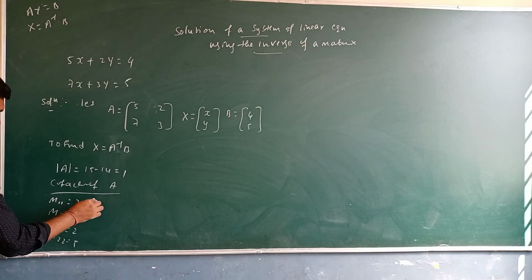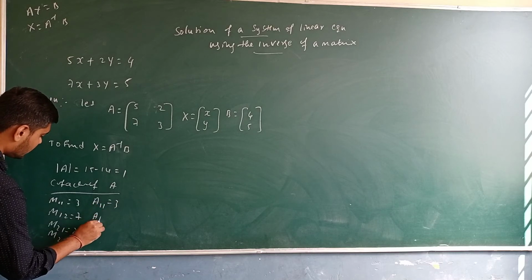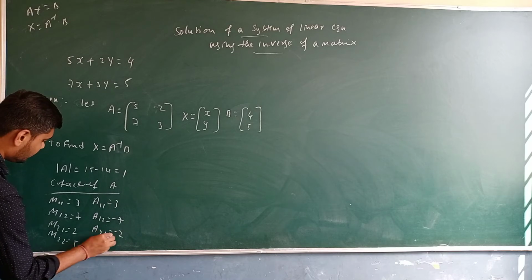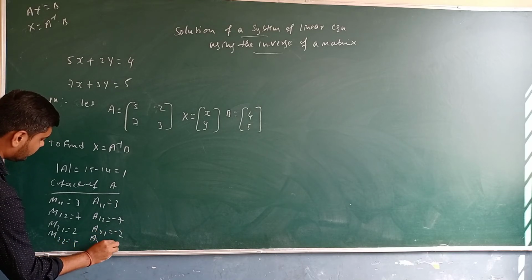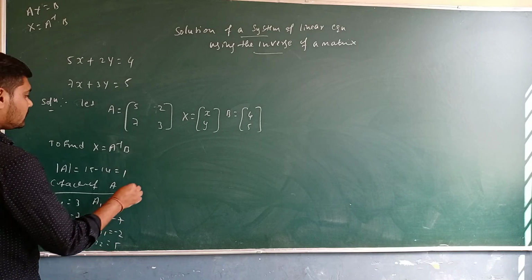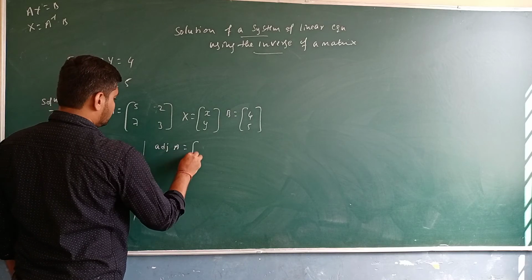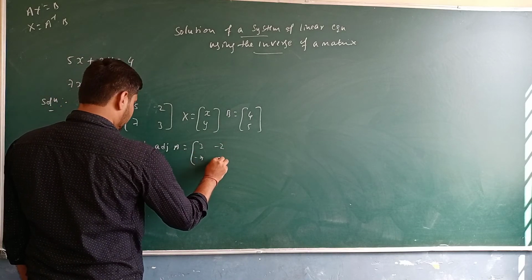Then the corresponding cofactors: a11 is equal to 3, a12 is equal to minus 7, a21 is equal to minus 2, a22 is equal to 5. Then adjoint of a is 3 minus 7 minus 2 5.